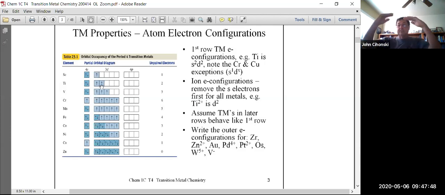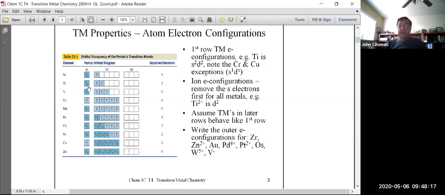Now, if you remember, I said as the electrons are removed or added, the d orbital drops because of the protons, right? Whenever we put electrons in, we generally put them in the d orbital, but when we take them out, we start with the s orbital.